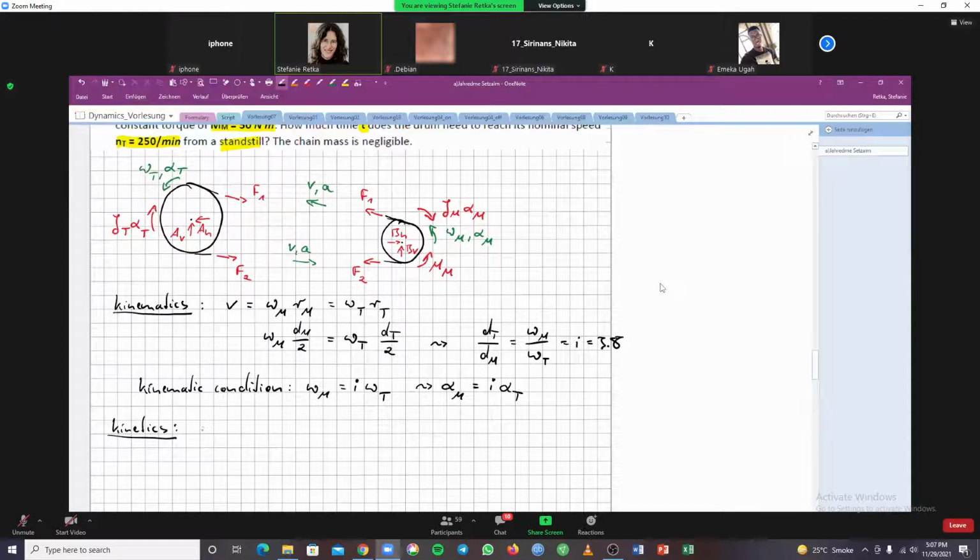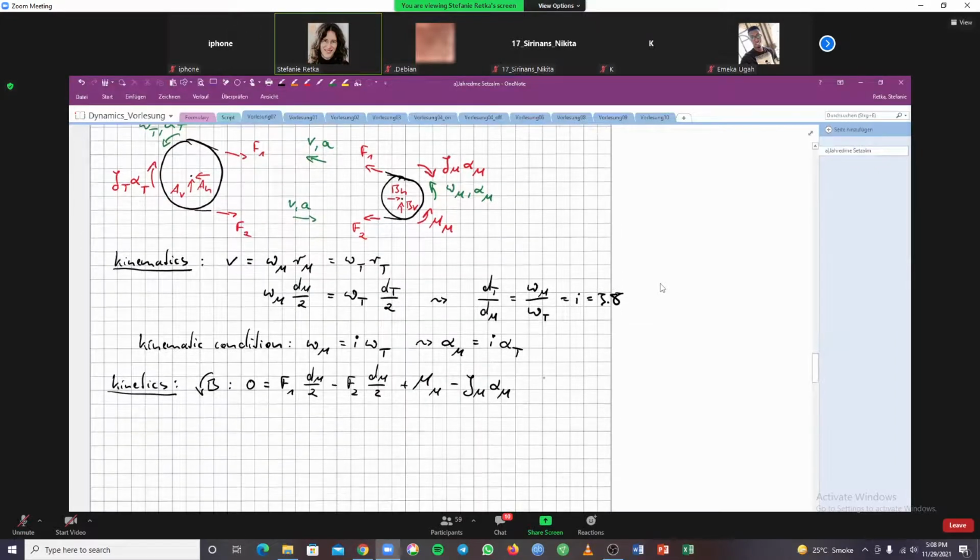So for the motor, I would build the equation with respect to the support in B. And then I have 0 is equal to F1 times dm over 2 minus F2 dm over 2 plus torque of the motor and minus Jm alpha m. So that's equation number 1.